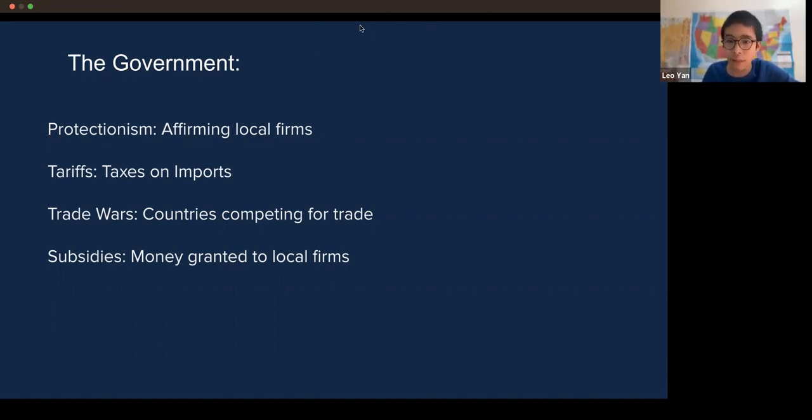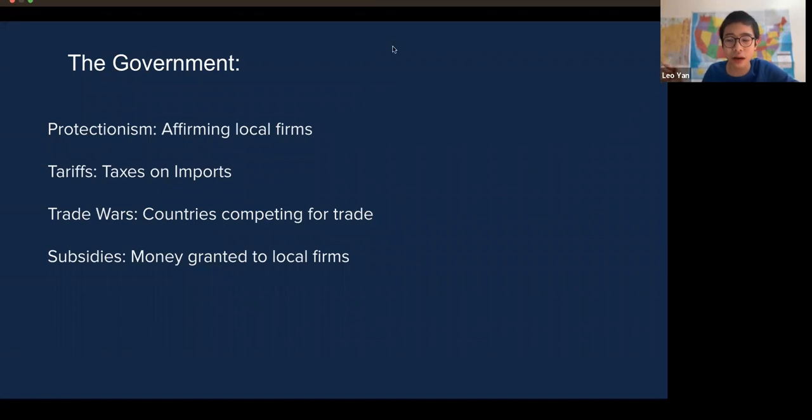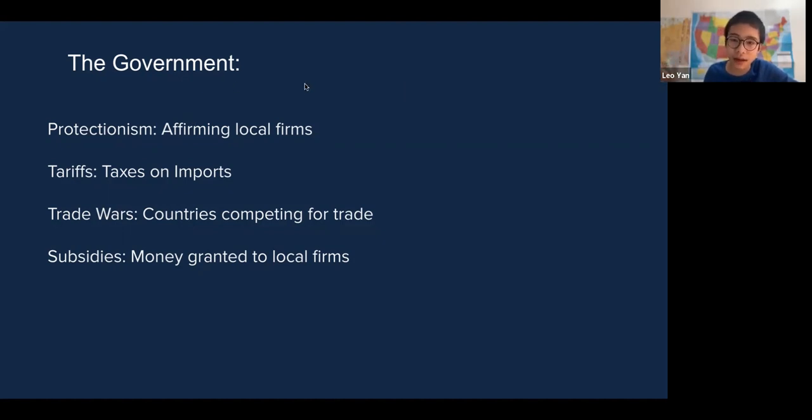And trade wars can be small ones or large ones. Small ones are usually just focused around a particular industry that is particularly competitive, whereas large trade wars can have large amounts of implications. And this is not written here because it's kind of far away from the concept of finance.